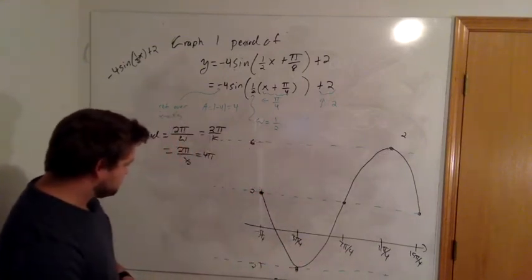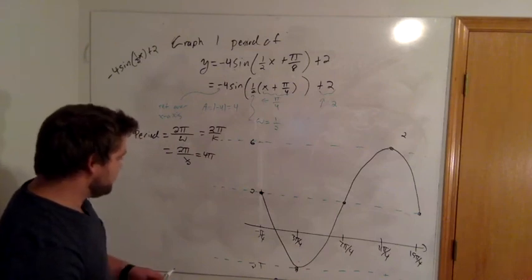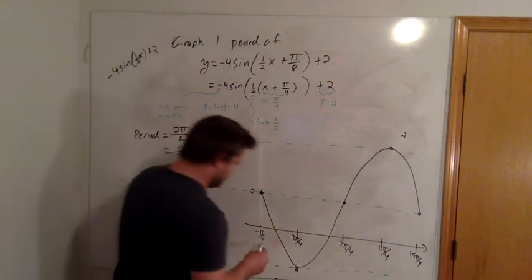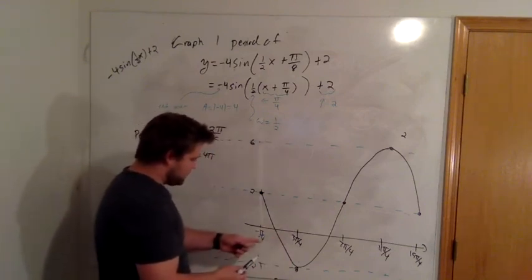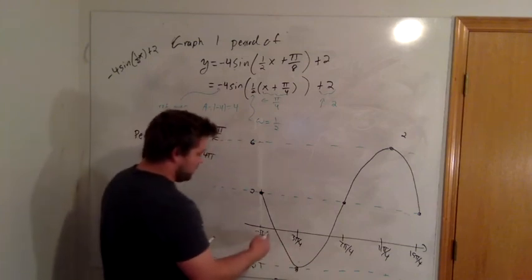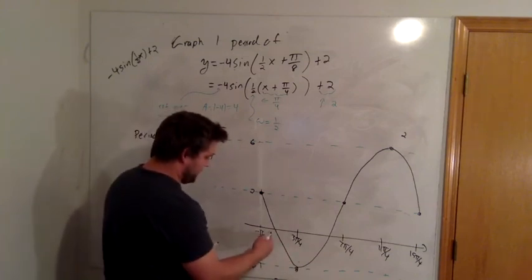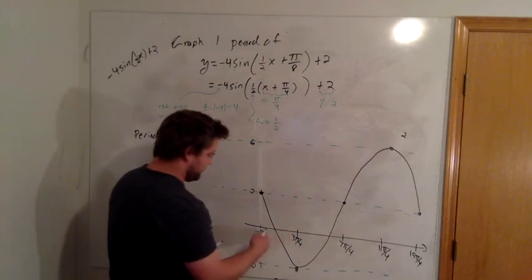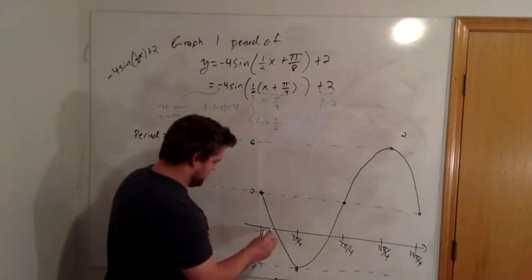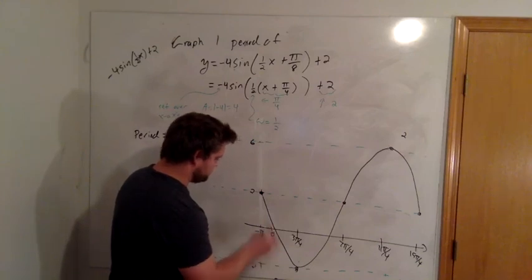Okay. So now we just need to reintroduce the y-axis. If I'm thinking about from negative pi over 4 to 3 pi over 4, if I add a pi over 4, I should be at 0. So I would say roughly right here should be 0.